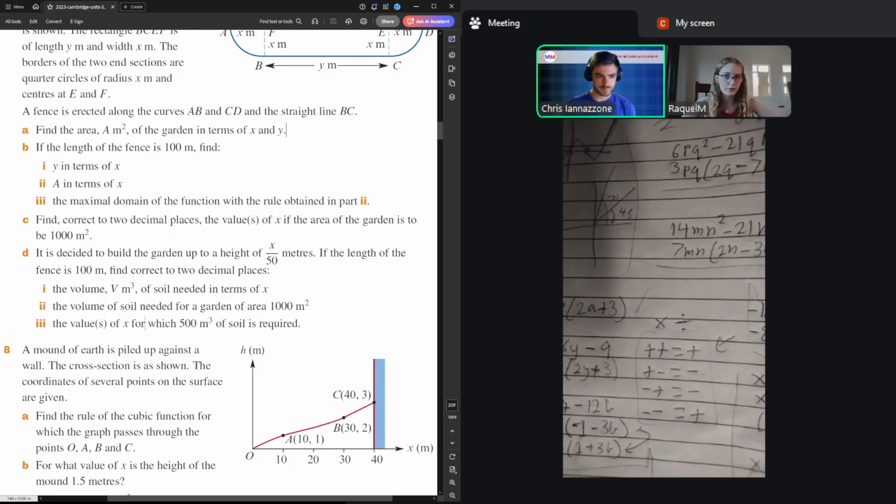For the third one, the values of x, would it be 18.84? Yes, it would. Did you get a second value? Yes, I also got 59.11, but if that's outside the maximal domain, do I not include it?